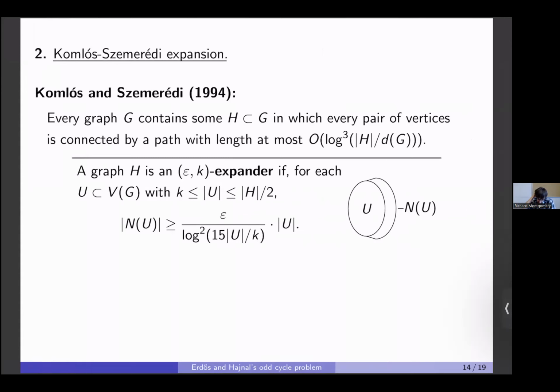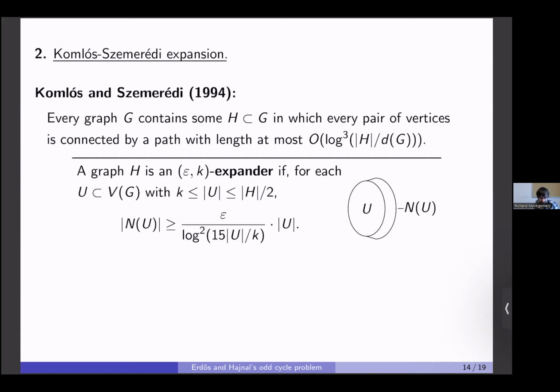Okay. So in order to do this, what they do is they prove that it has a subgraph H which has some expansion. And here the expansion is a little bit technical, so don't worry too much about the constants involved in here.